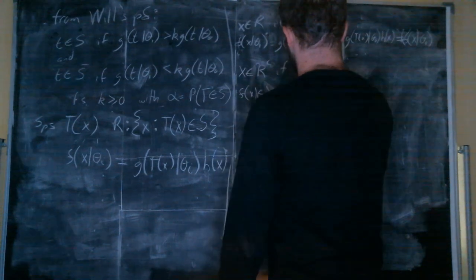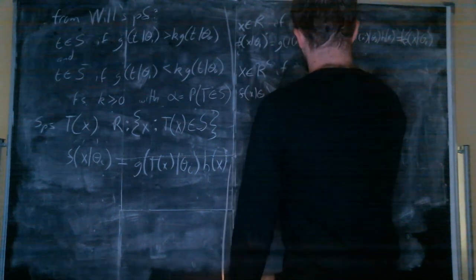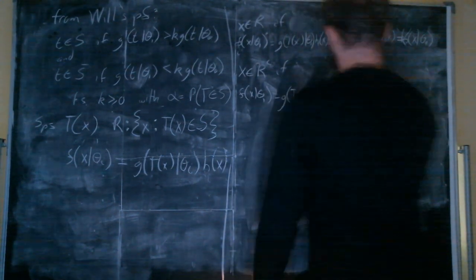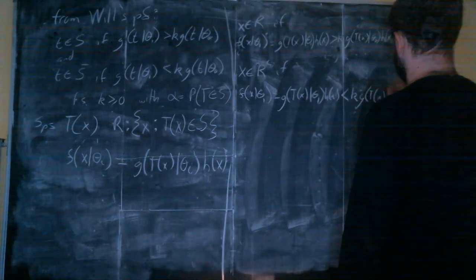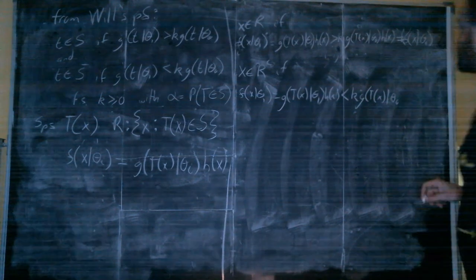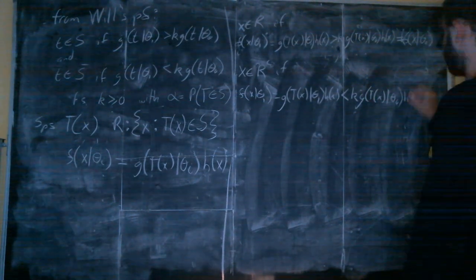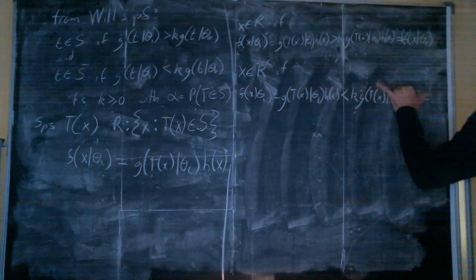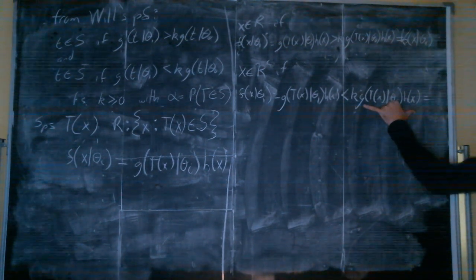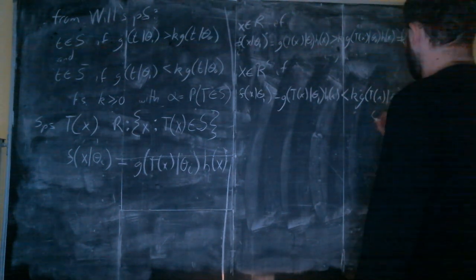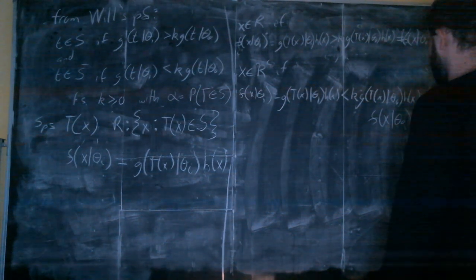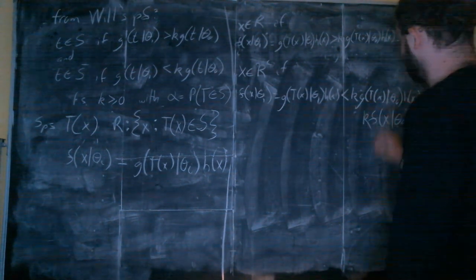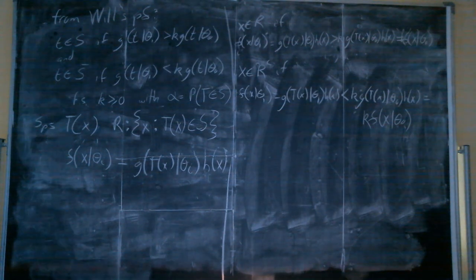So we'll have g of T of x given theta 1 times h of x being less than k times g of T of x given theta naught in this case times h of x. But we recall that if I take this g and h portion right here, I can end up with f of x given theta naught times k.